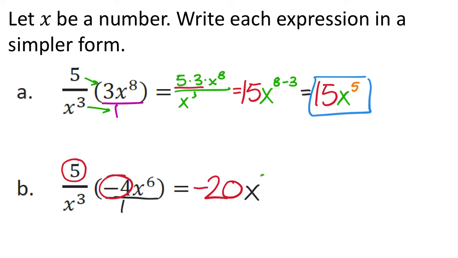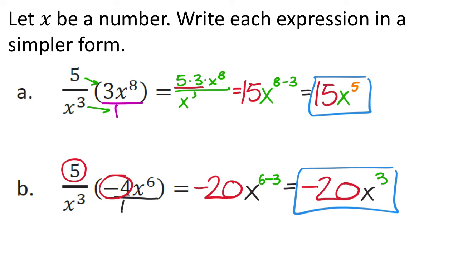The exponent for the numerator is 6, the exponent for the denominator is 3, and since we are dividing these, it'd be subtraction. Okay, so I am kind of skipping a step on this, but hopefully this makes sense, because the final answer here, still got the negative 20, but the base x has a new exponent. 6 minus 3 is 3. And so this is our final answer right here.